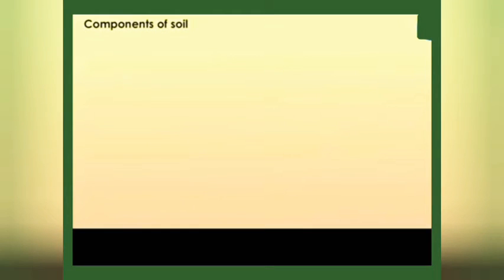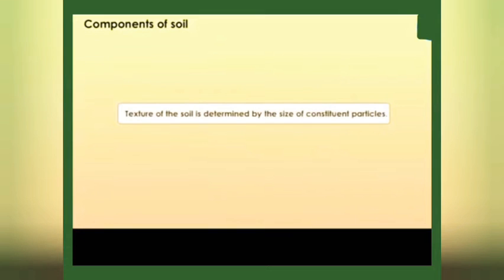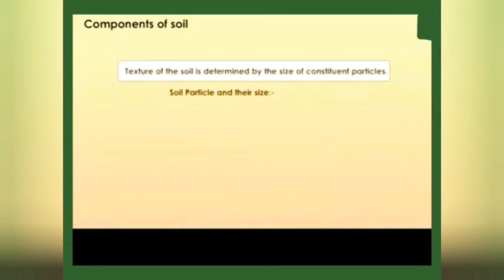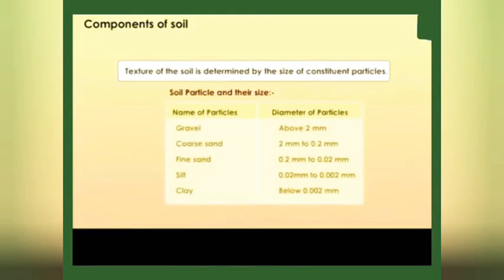Components of soil. Texture of the soil is determined by the size of constituent particles. Soil particles and their sizes. Name of particle: gravel, diameter of particles above 2 millimeters. Coarse sand, 2 millimeters to 0.2 millimeters.